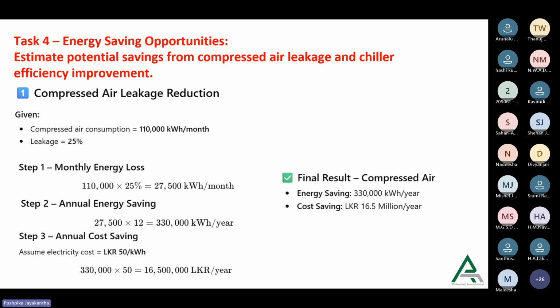So in this case study, there are two hints. There's an estimated leakage of 25% for the compressed air system, and for the chiller system there's an expected improvement of 20%. So you can consider that and calculate the energy saving opportunities here.